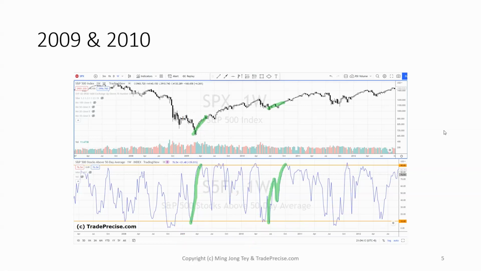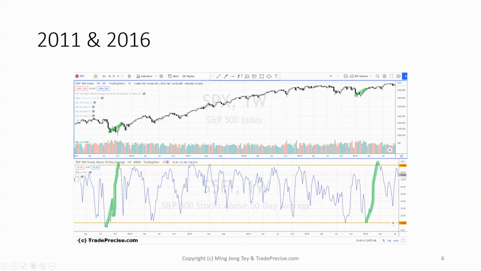And next is the one that we are interested in. This is 2011, and also 2016. In terms of 2016, it's still pretty much not too bad. We see right here it just had a short-term pullback, and subsequently a reaction. But in 2011, this is really something.